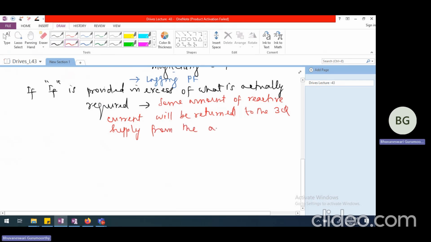So this will actually work like a capacitor. So you will see normally a leading power factor. So there will be a leading power factor visualized from the armature side.